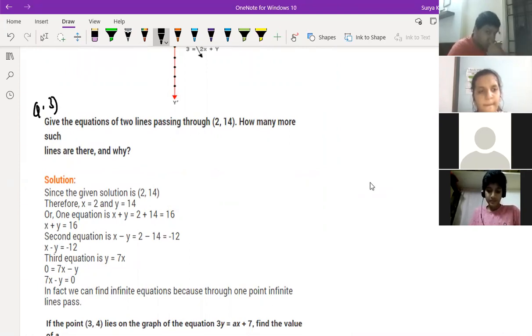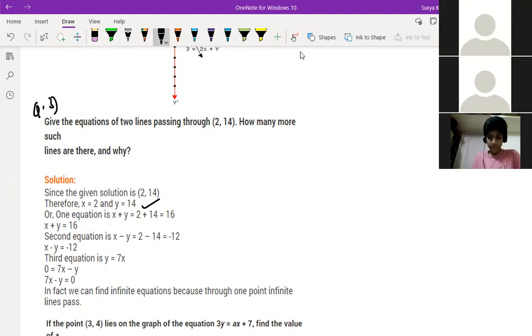How many more such lines are there and why? So 2 comma 14 means x is equal to 2 and y is equal to 14. So you can write x plus y is equal to 16, or you can write x minus y is equal to minus 12. There are so many lines we can write. In fact, we can find infinite equations because through one point infinite lines pass, right?